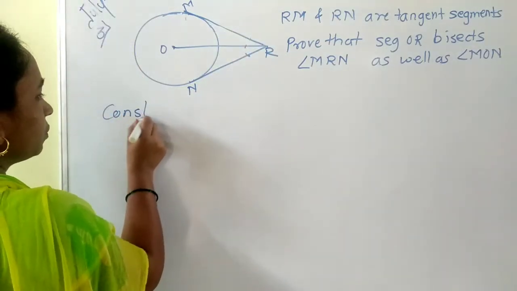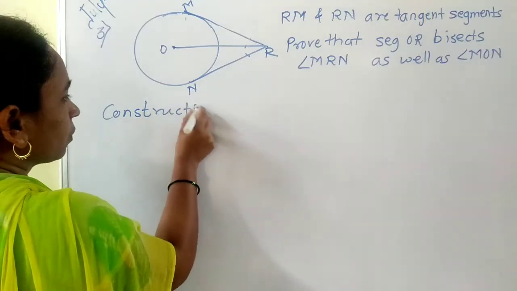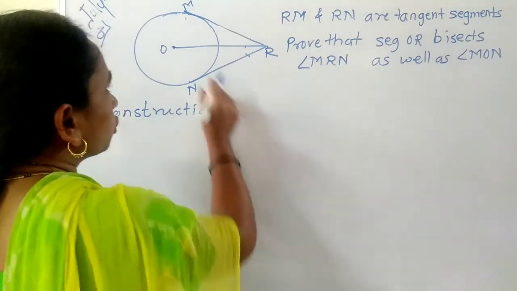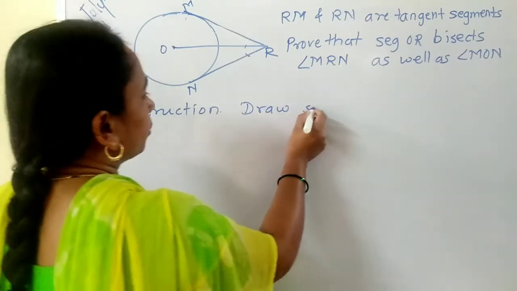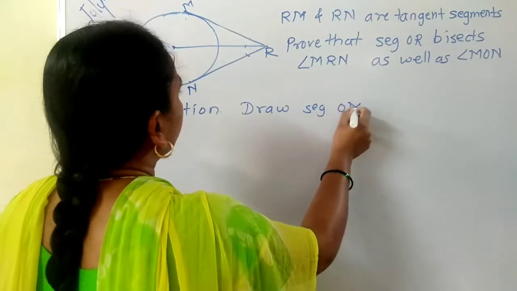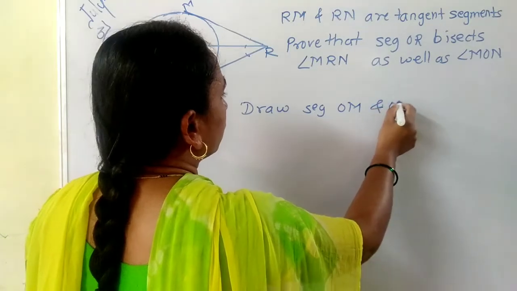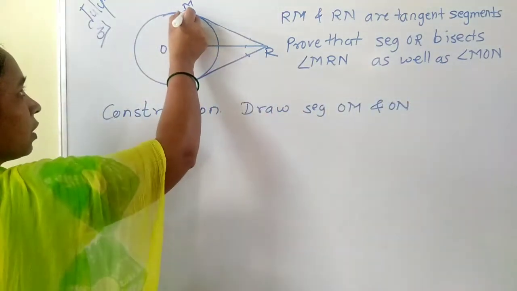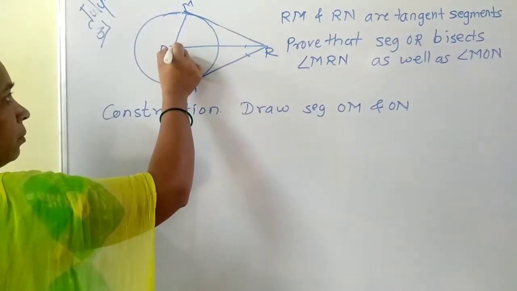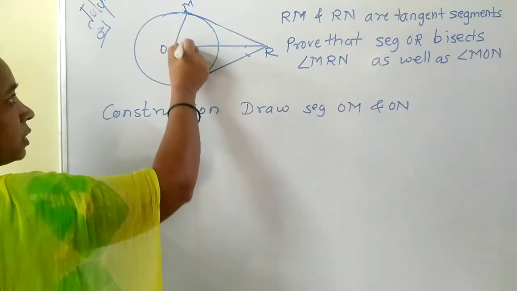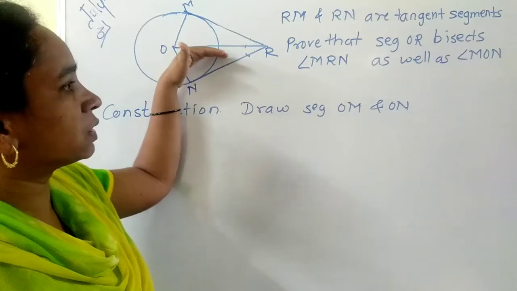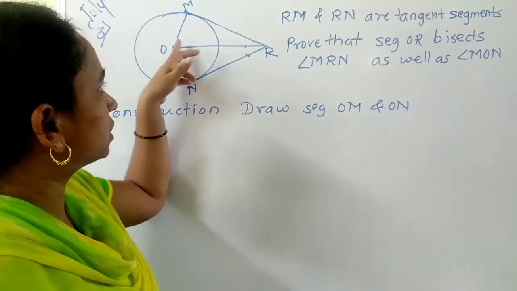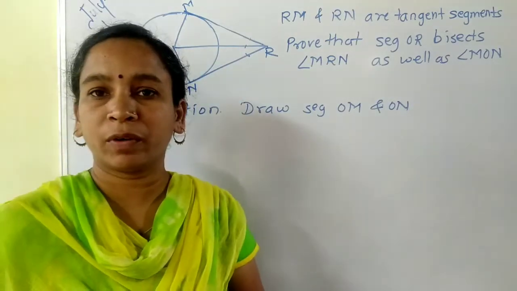So construction. I'll draw segment OM and ON. If I draw the segments OM and ON, then I'll get this angle. Now we have to prove that this OR segment bisects these two angles. What is the meaning of bisect?